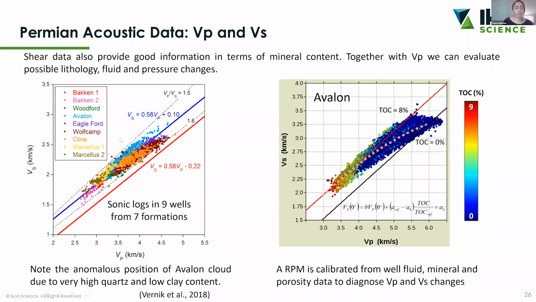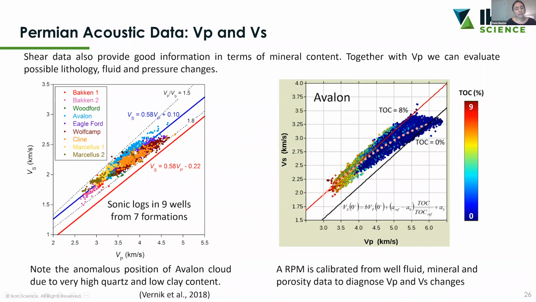Let's look at this plot on the left by Vernik. It's VP versus VS, and we are looking at different VP-VS relationships for unconventional shales. The one thing that stands out is that the Avalon, which is the one in light blue, is standing out quite a bit, given the dynamic relationship between the two properties or variables.